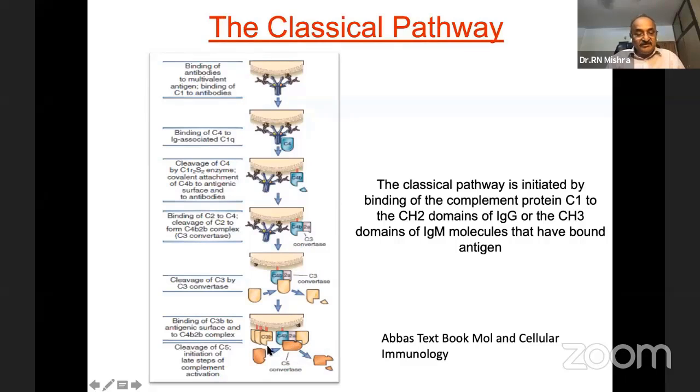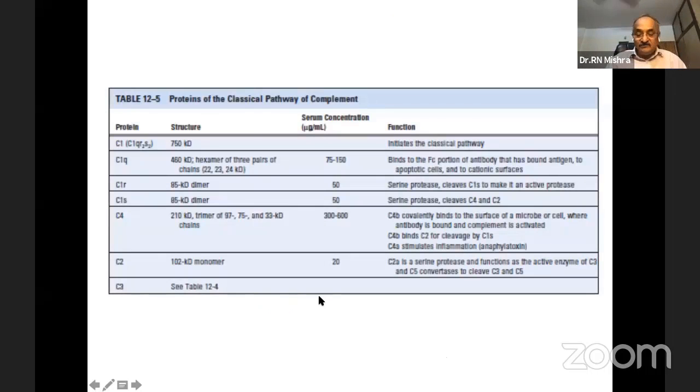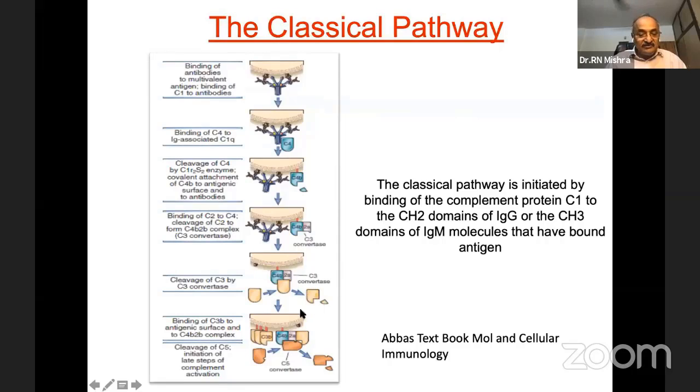The C3b joins with C4b2a, and you can see a molecular association on the bacterial cell. One member joins the other and gets activated, and this complex C3b, C4b, C2a forms the C5 convertase.